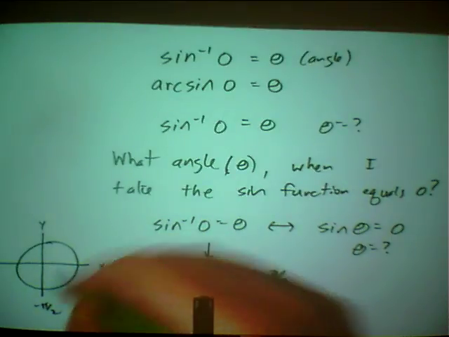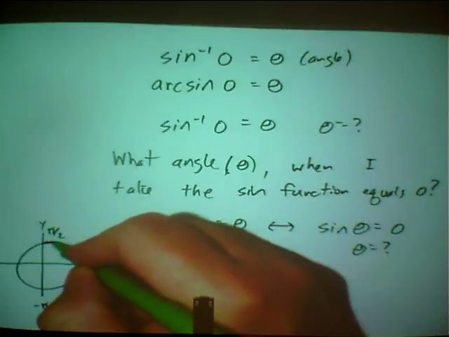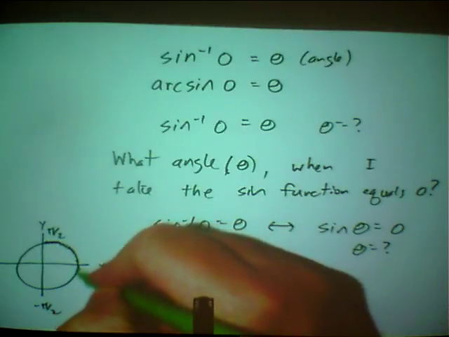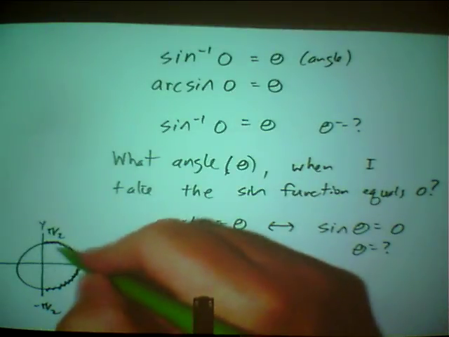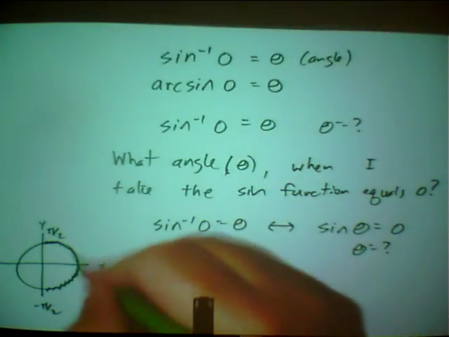Negative pi over 2 is right here, and then pi over 2 is up here. So what we're really saying is this right-hand side of the circle, of the unit circle, are the allowed answers for an inverse sine problem. My answer has to be over here somewhere.